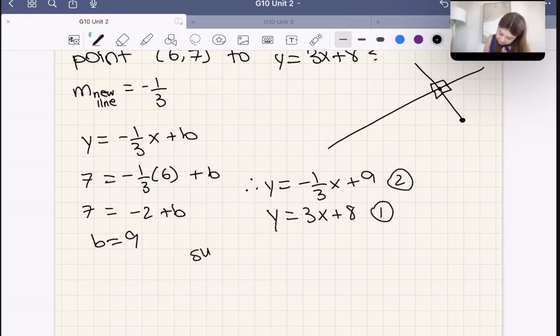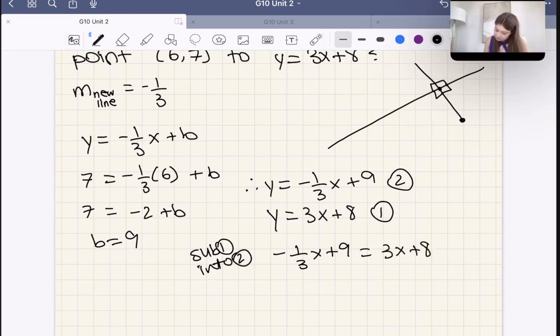And I'm going to sub 1 into equation 2 and say negative 1/3 x plus 9 equals 3x plus 8. So therefore we have 10/3 x equals 1, and then x equals 3/10.